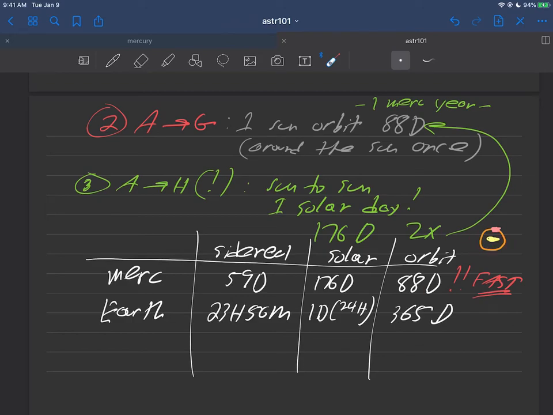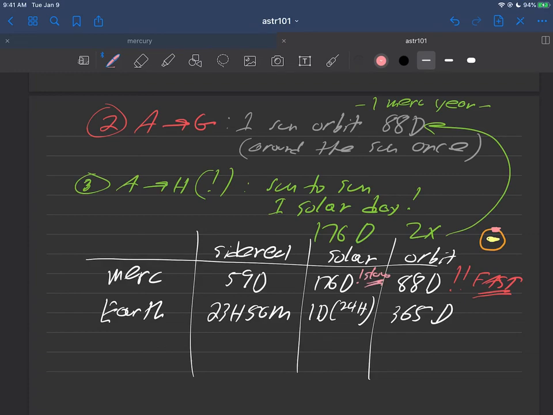Likewise, it takes us 1 day, 24 hours to go from sun to sun, noon to noon like that. It takes Mercury 176 days for that to happen. So Mercury is an extremely slow rotator over here. So we can put that on here too. Put another exclamation point here and go, wow, that's slow. 176 days.